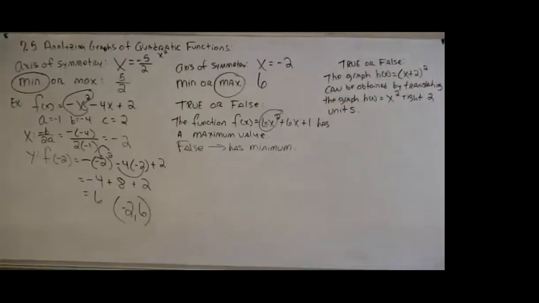So is that true or false? The graph of h of x equals x plus 2 squared can be obtained by translating the graph h of x equals x squared right 2 units.